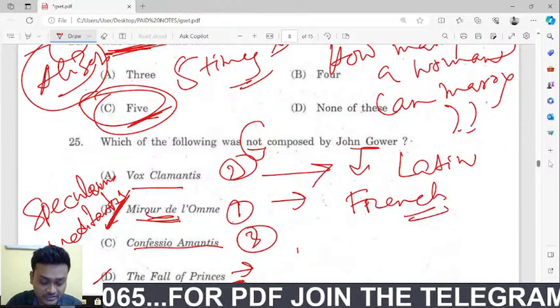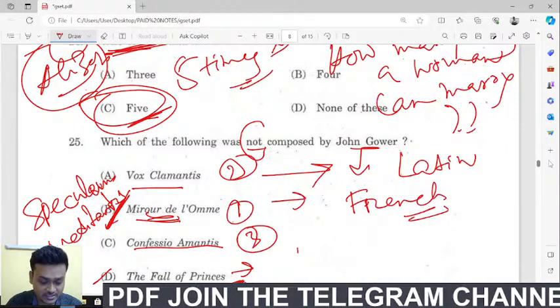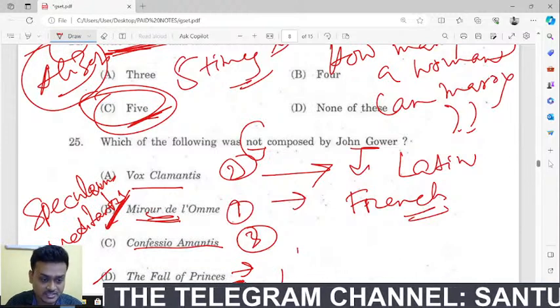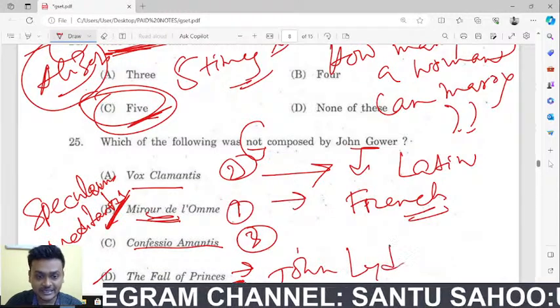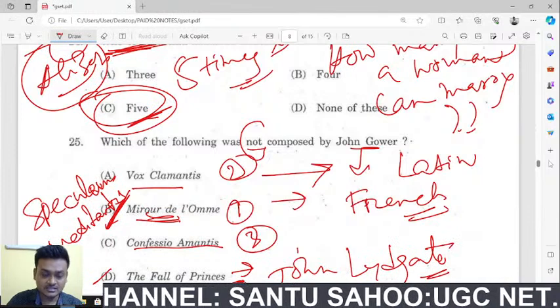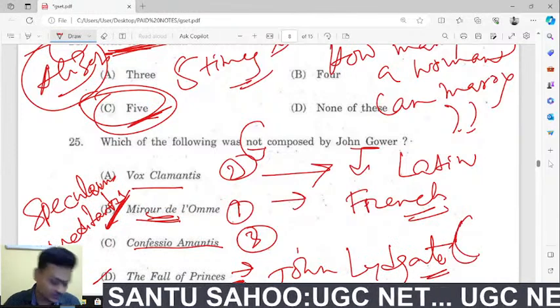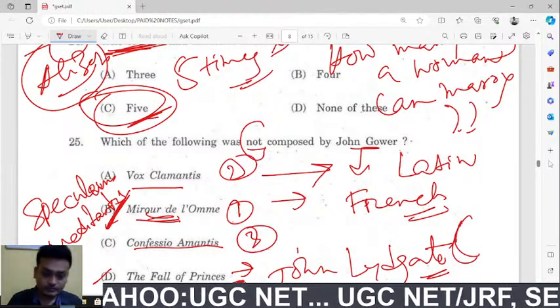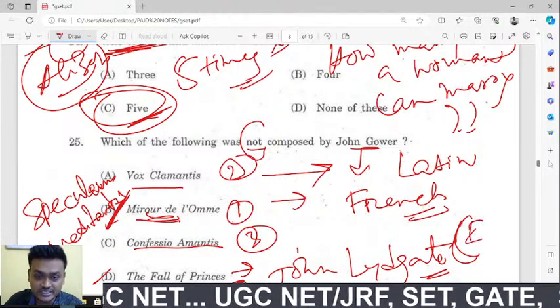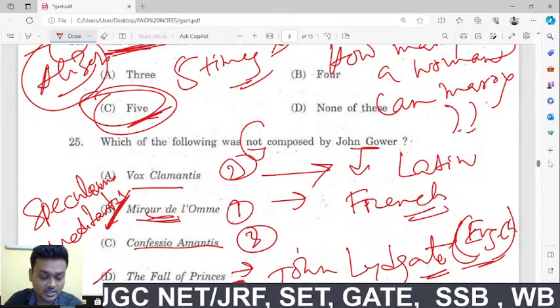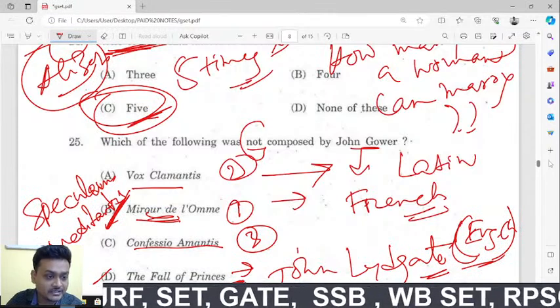This work was written in the French language, whereas Confessio Amantis, exactly, Lydgate. John Lydgate has written The Fall of Princes. He is an English Chaucerian. So Confessio Amantis, what is its other title?